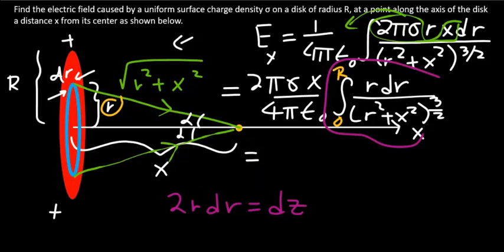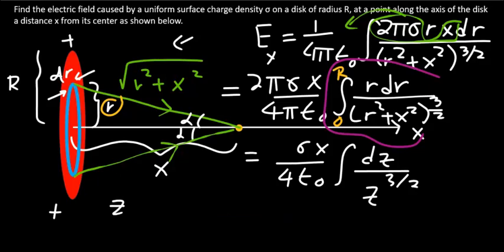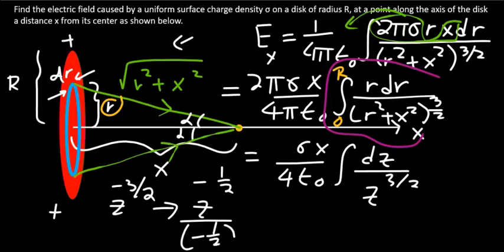So that would make the above integral pi sigma x over 4 pi epsilon naught, so this pi goes away, integral of dz over z to the power 3 over 2. Integrating z to the power minus 3 over 2 would give you z to the power minus 1 over 2 over minus 1 over 2.